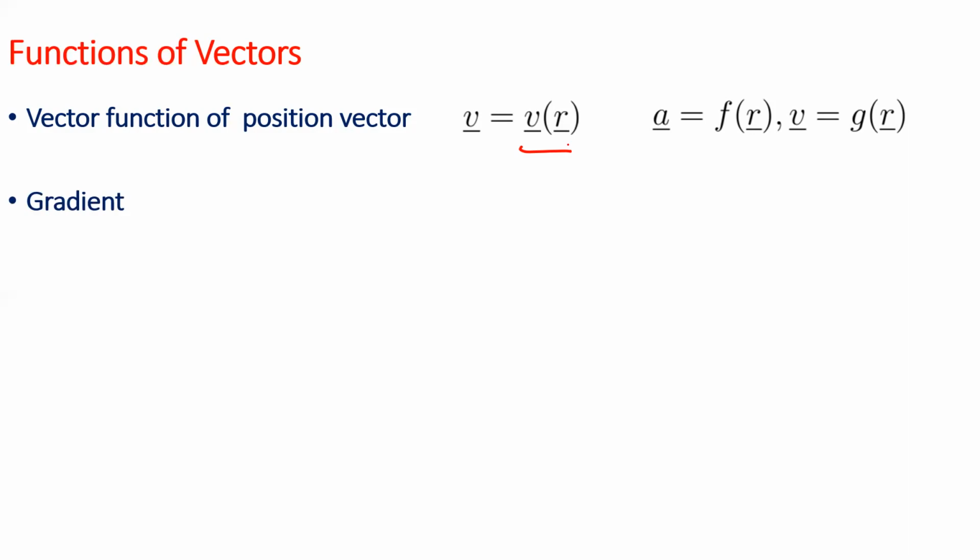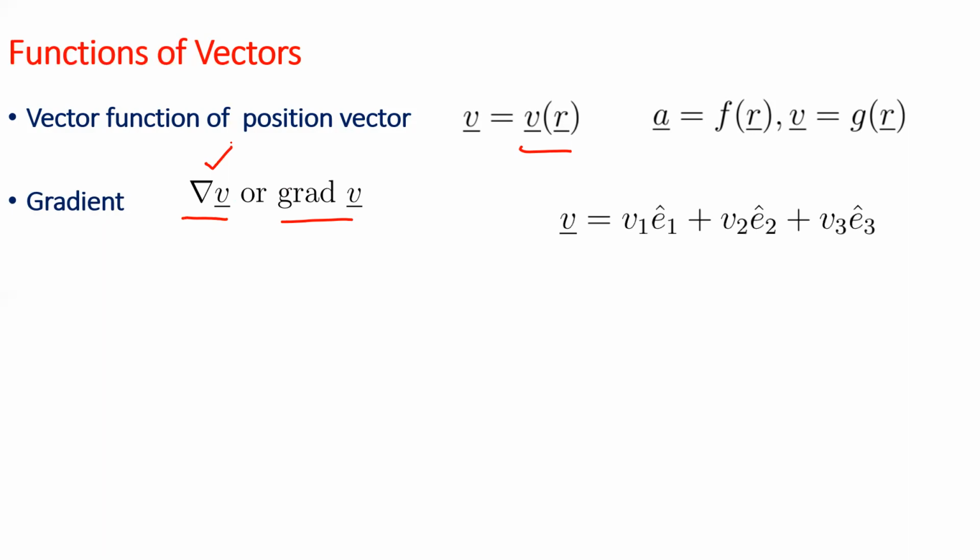In vectors, we are aware of gradients. We will prefer to write it this way rather than this way. We will go for this notation, grad V. Gradient of V is a tensor if V is a vector in Cartesian coordinate system. We have already seen in the last class that if you have two vectors, UV is basically representing a tensor.